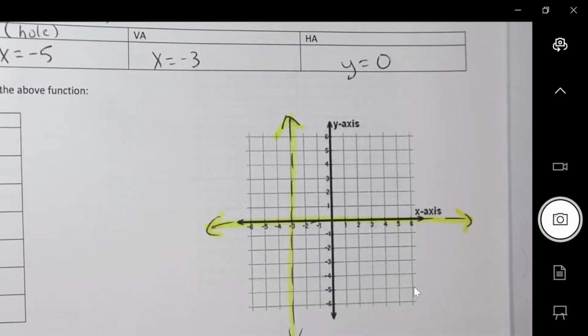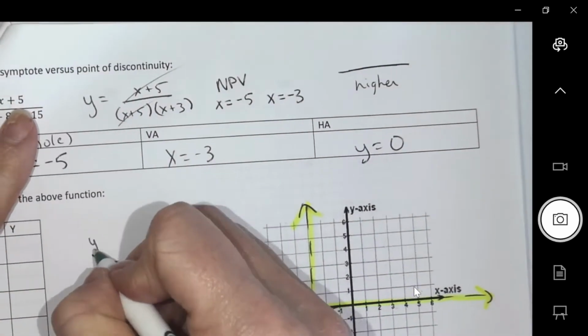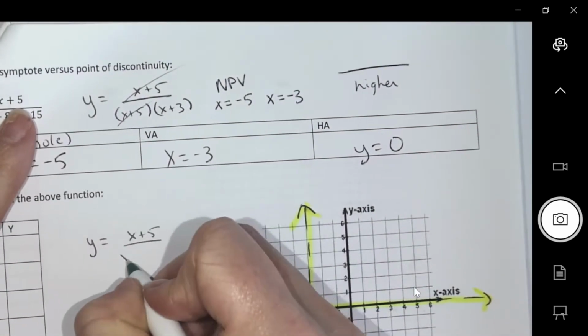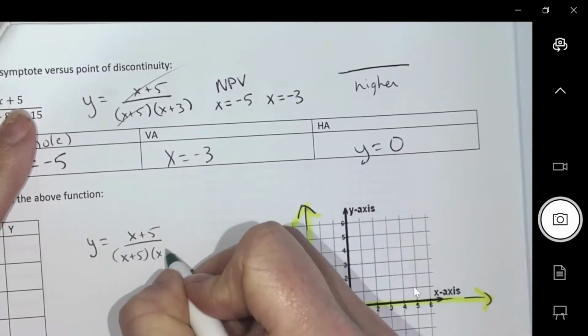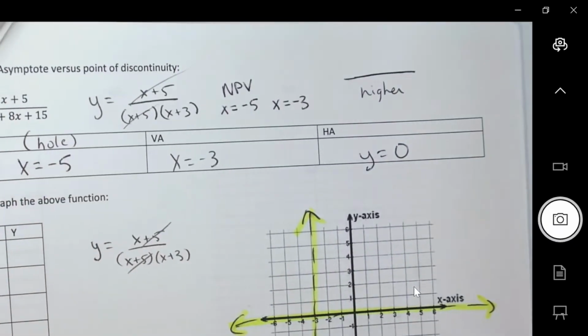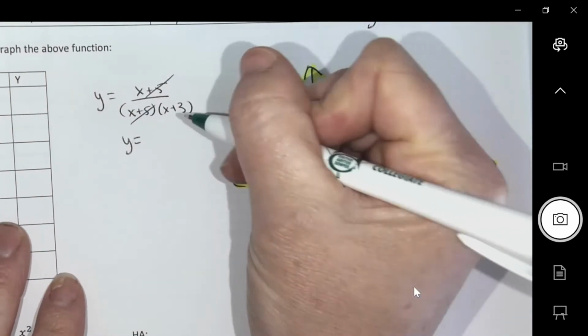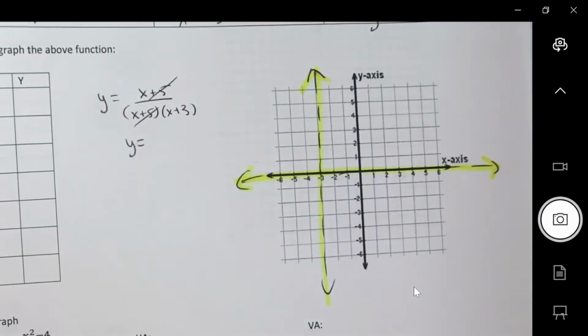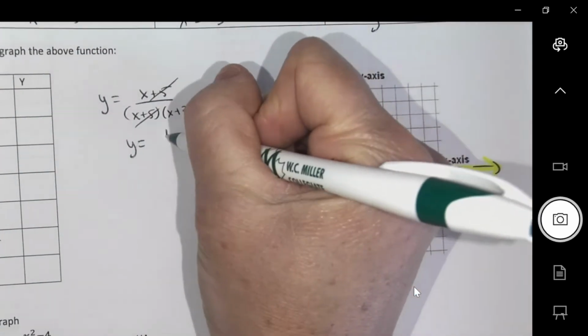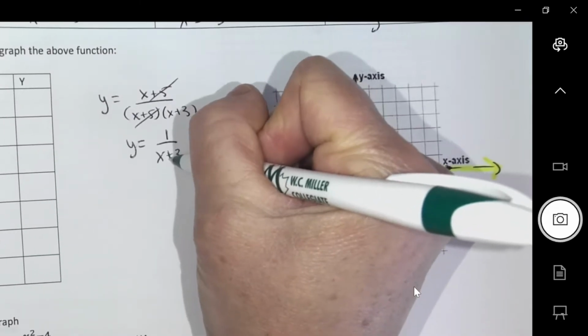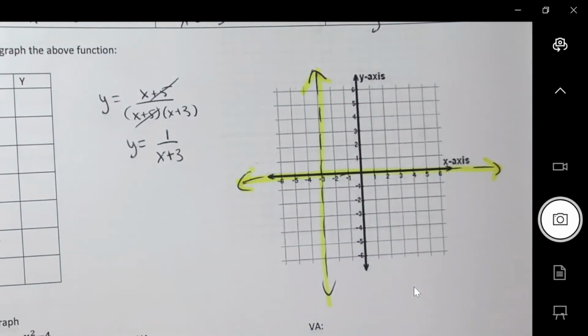Okay, now I'm going to make some points. So this is what we had. What happens after I've canceled that? Do you know what the top would be once something's canceled in math? 1. You know what I think we should learn to do first? I probably should have had this.